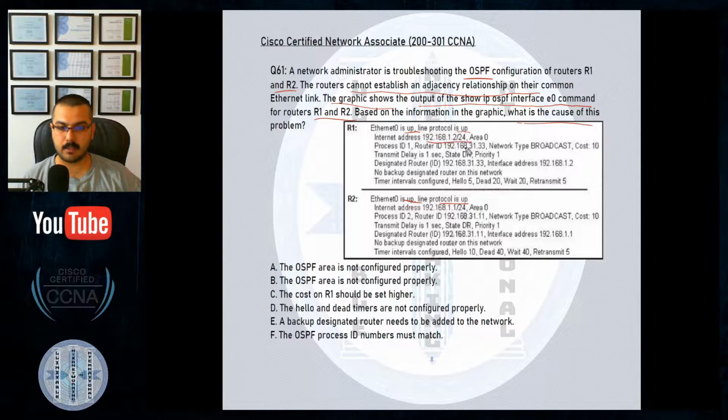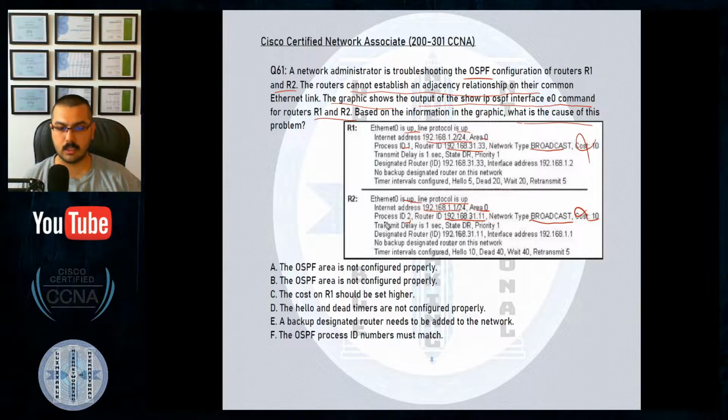The IP address is this one in area 0. The IP address is this one in area 0. Thank you. A process ID, it's 1, 2, no problem. It can be mismatched as long as the areas are matching. We are good. Router ID should be different. This one is different. We are good. Same type of network, broadcast, both of them. Same type of cost. Cost does not affect that.